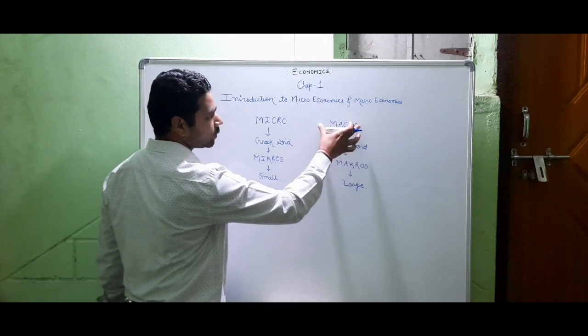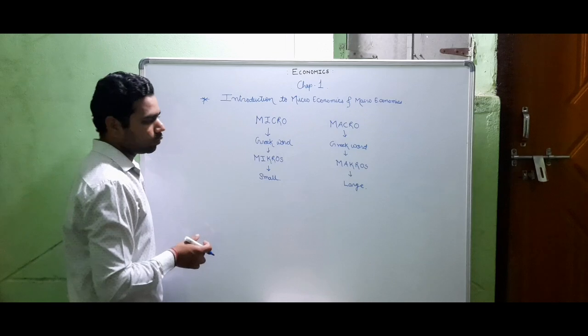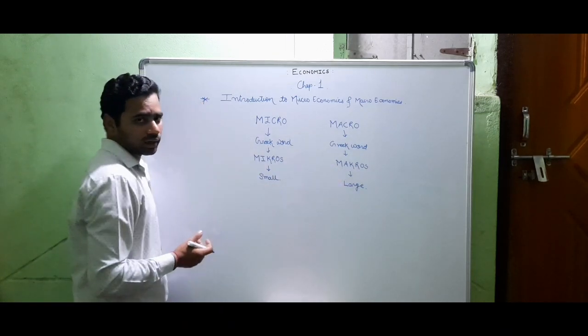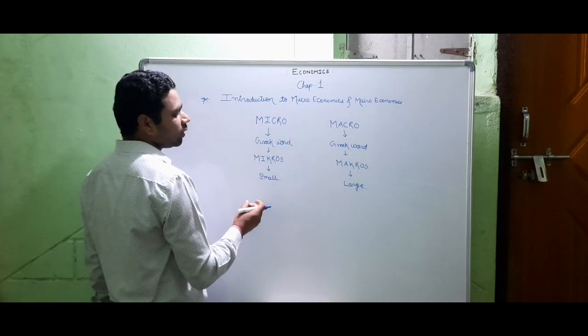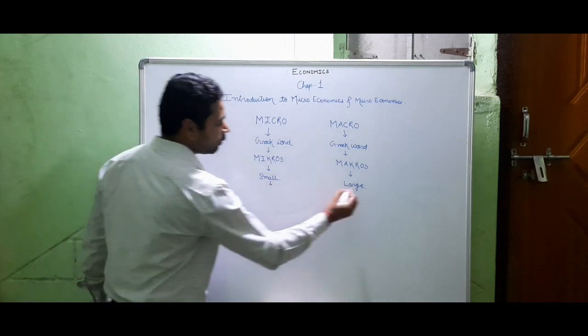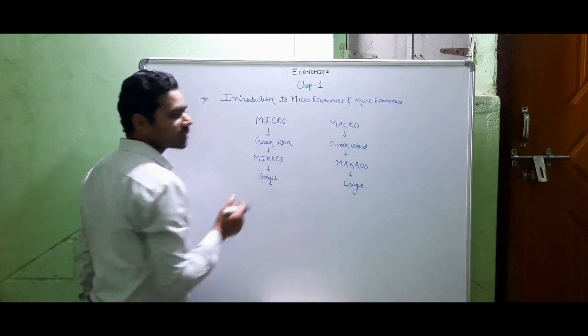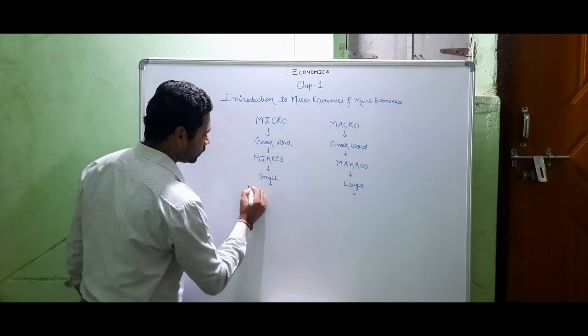Macro is derived from the Greek word MAKROS, which means large. So from this meaning we will understand the meaning of microeconomics and macroeconomics.